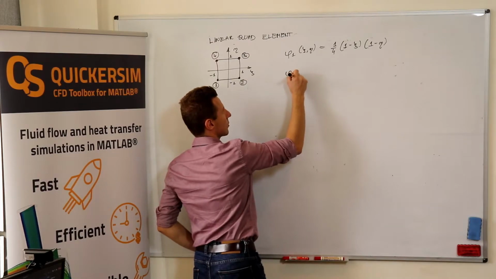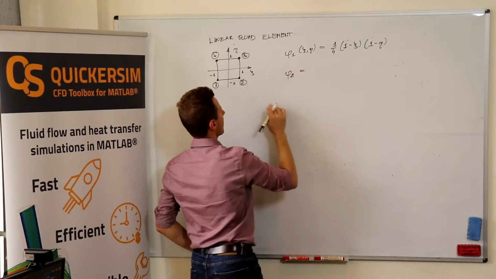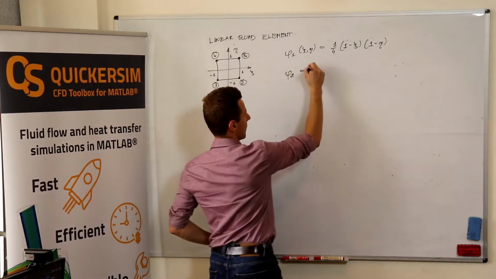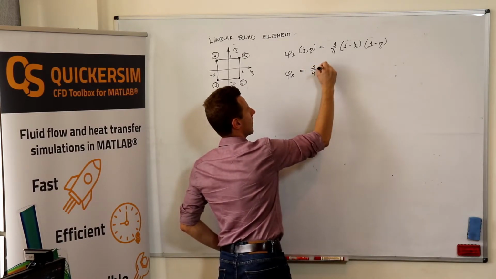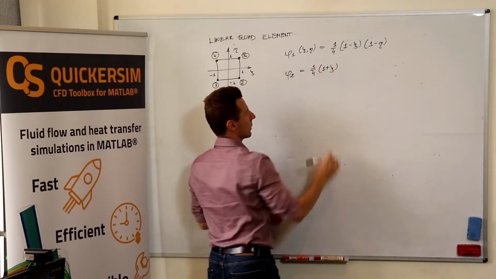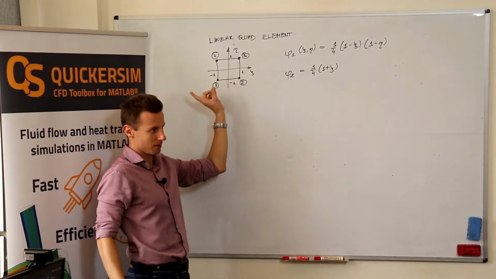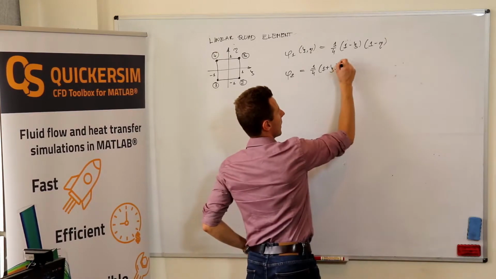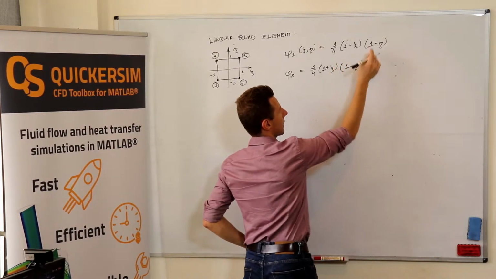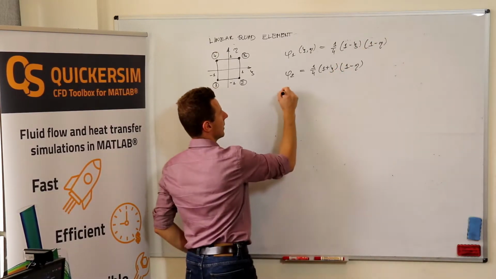Then it's easy to write the second function because we just need to flip the sign here, just reverse that. And, well, again, nothing changes in the eta direction.